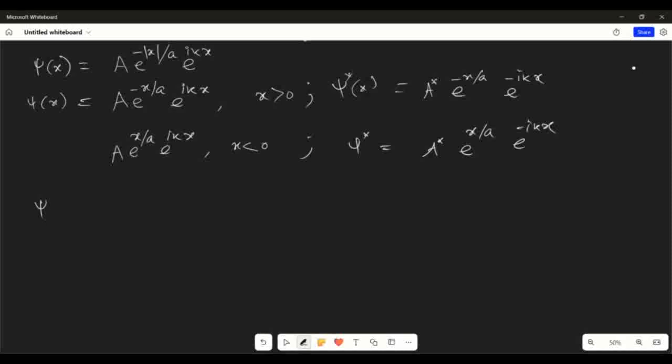So let's check its square integrable condition. psi star psi dx, and we will take the limit from minus infinity to infinity.